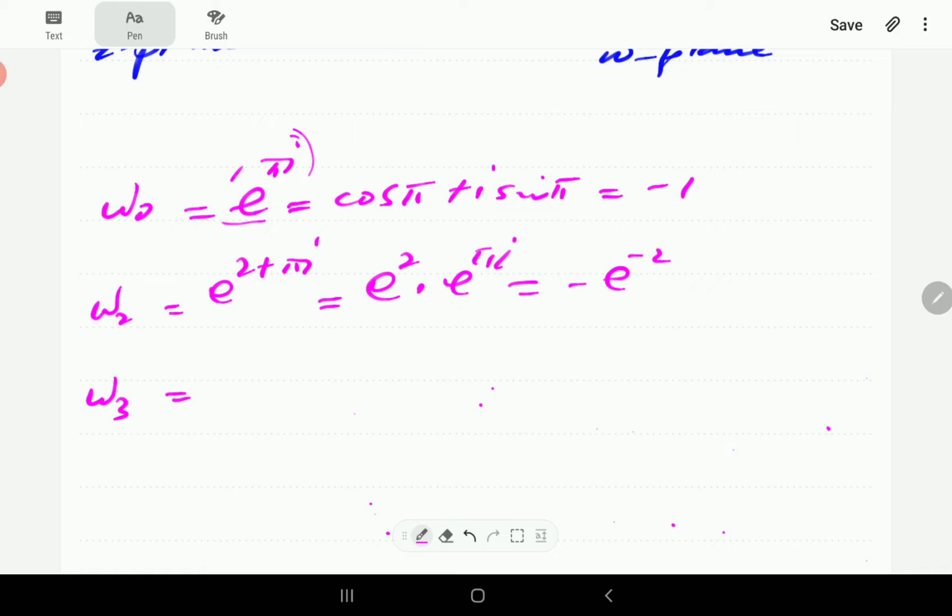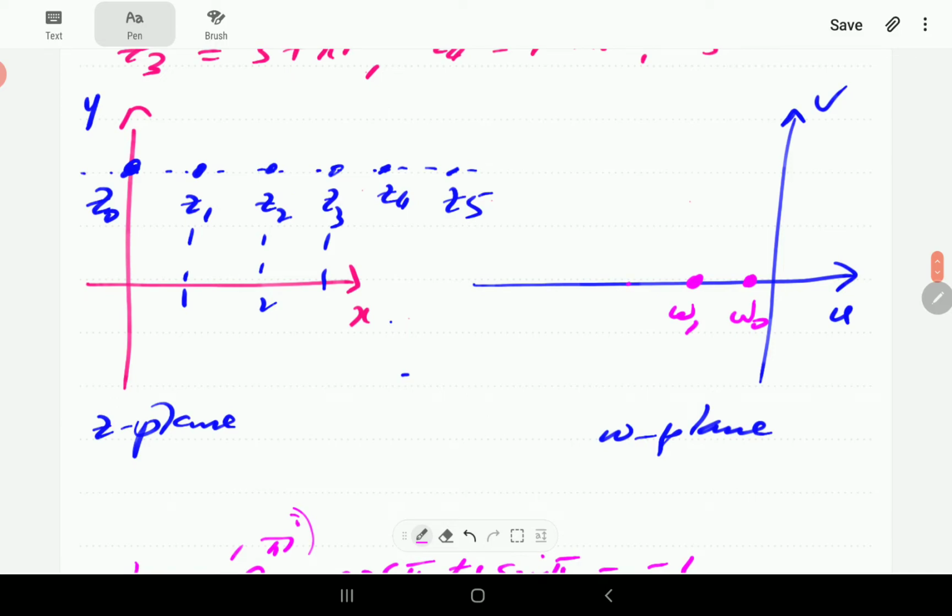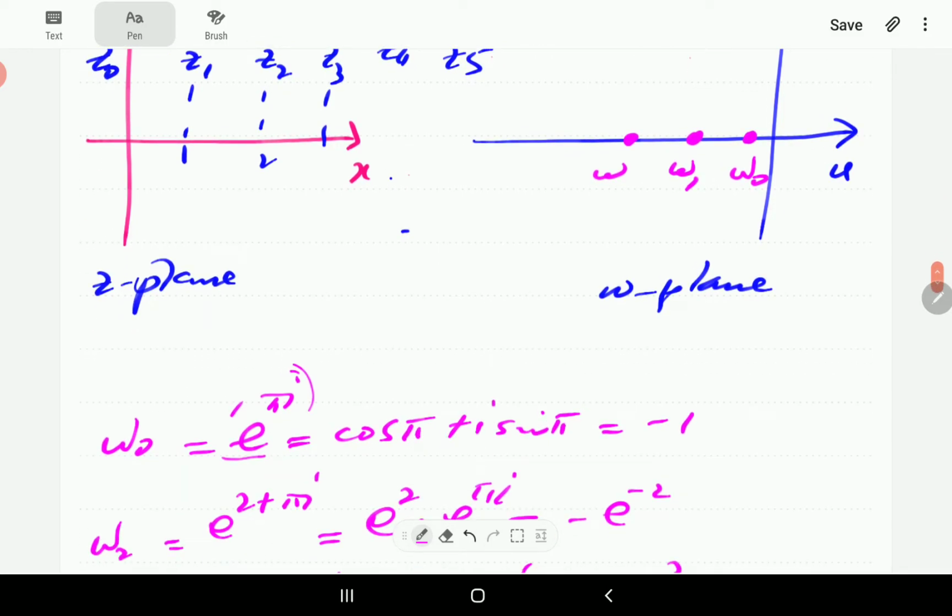With w3 going to be e to the power 3 plus pi i, which is e cubed times e to the pi i, negative e cubed. So that one is going to be further along. Let's call this one w2.